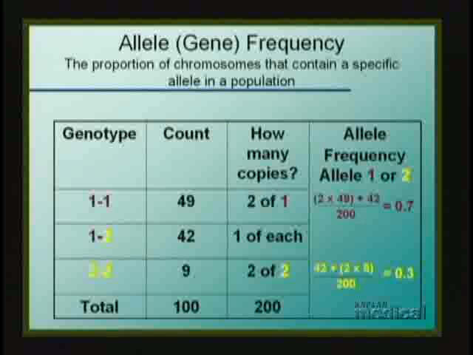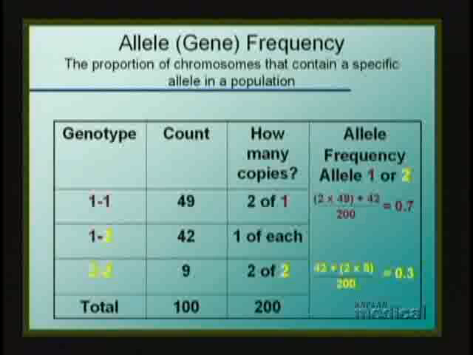We can do a similar calculation as shown near the bottom right of this table for allele number 2 to calculate that the allele frequency for allele number 2 is 0.3. That is, 30% of the genes of this RFLP gene in this population are represented by allele number 2.